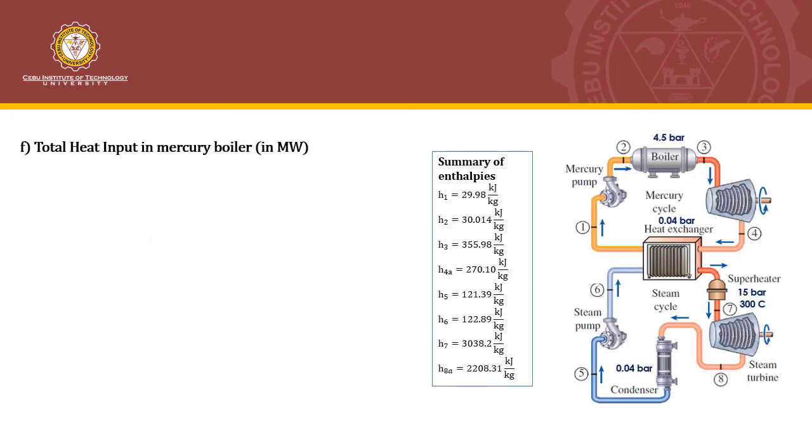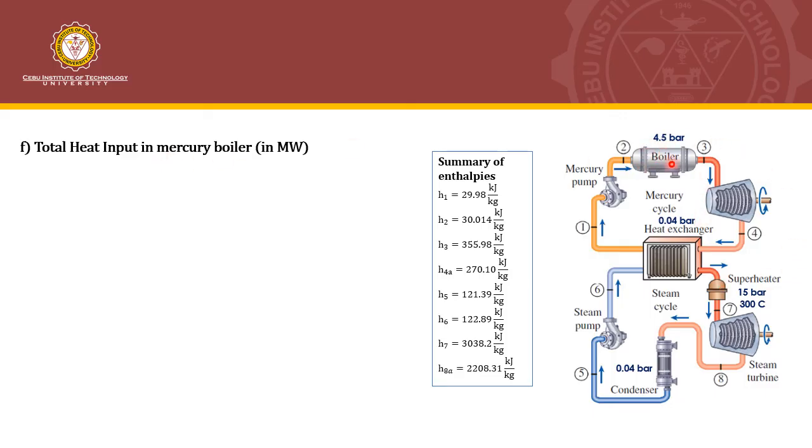For the total heat input, we are referring to the mercury boiler. Take note that in this cycle, there's only one heat input, and that is the heat input from this boiler. There's no heat input in the heat exchanger because what happens here is just heat exchange between process 4 to 1 and process 6 to 7. The heat we use to superheat the steam also comes from the mercury boiler.